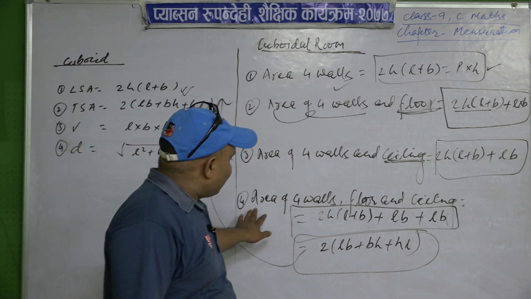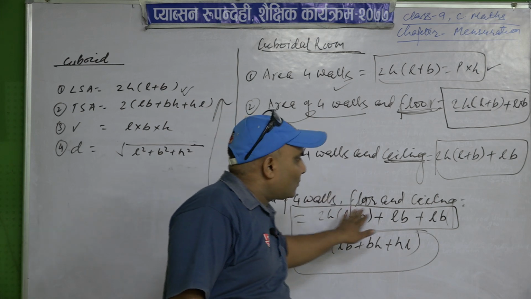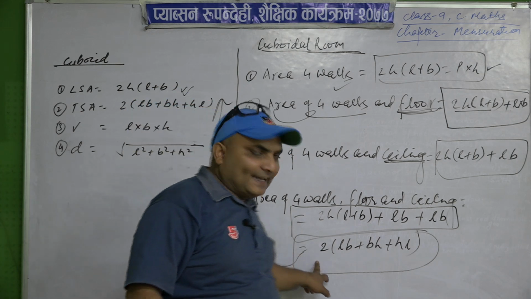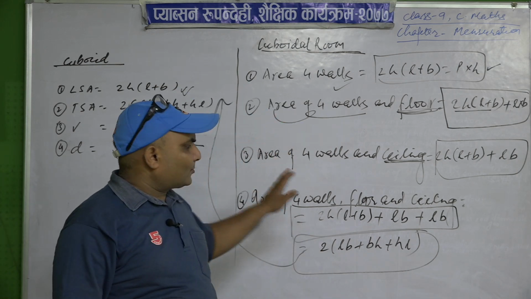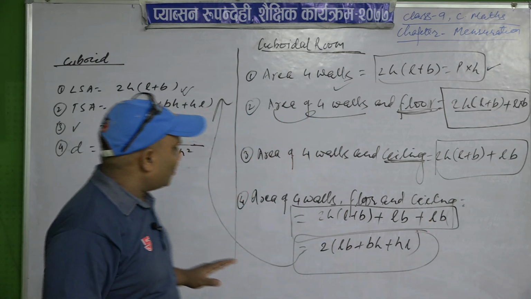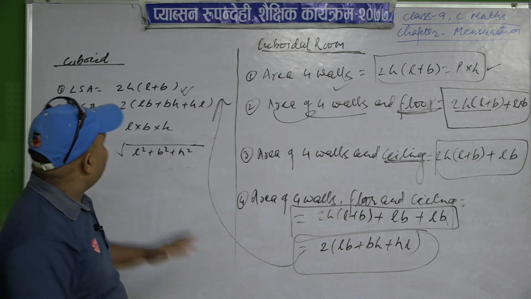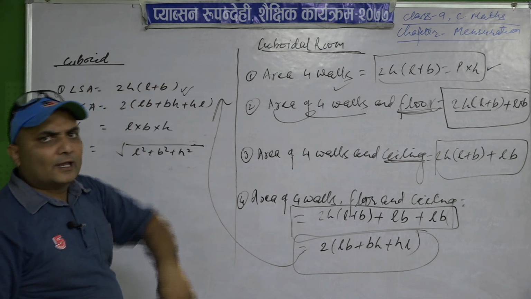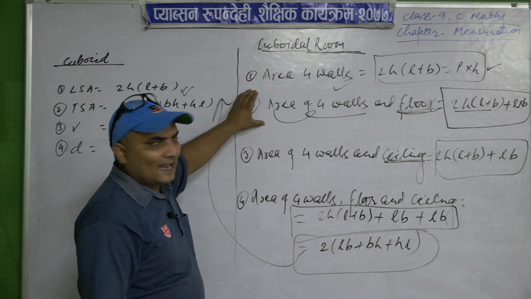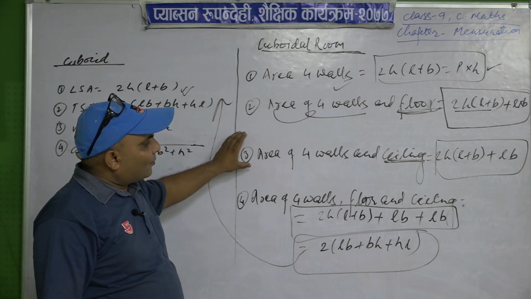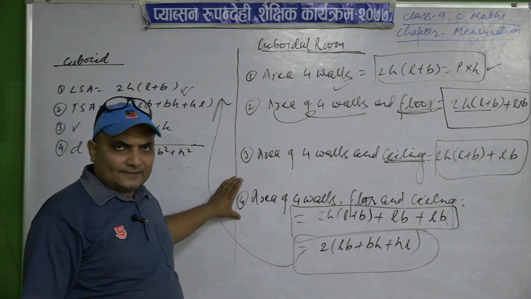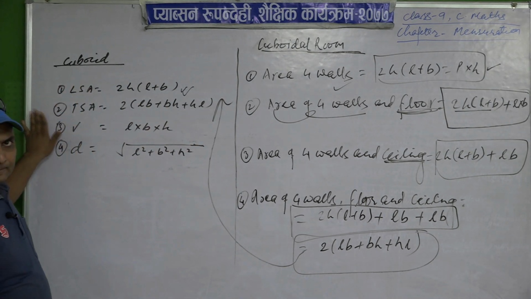And again, if we find the area of all four walls, floor and ceiling, we again get 2(LB + BH + HL). So if you remember the formula of the cuboid, then you can derive the formulas for four walls and floor, four walls and ceiling, and four walls, floor and ceiling yourself.